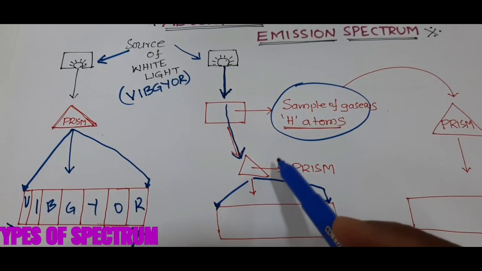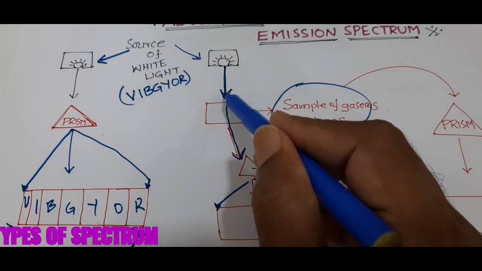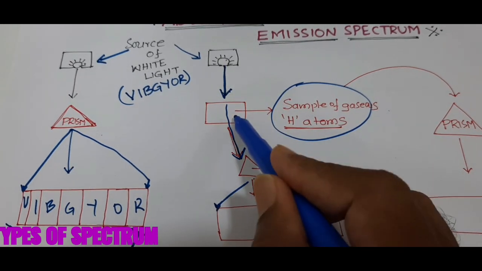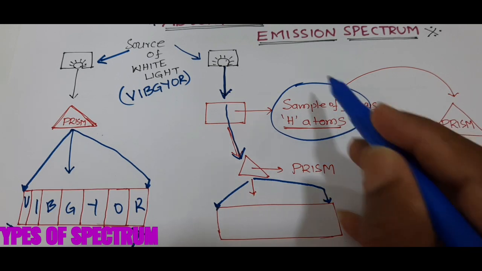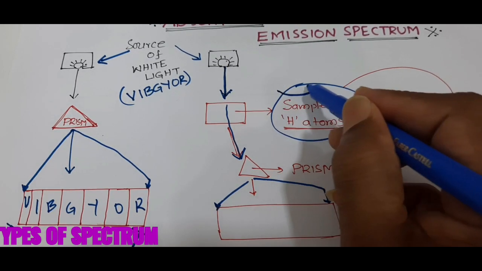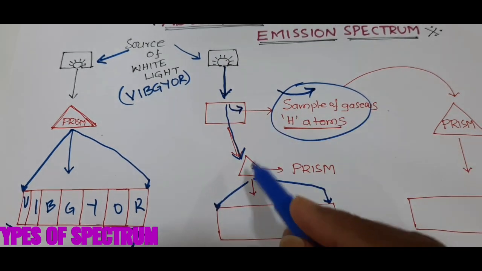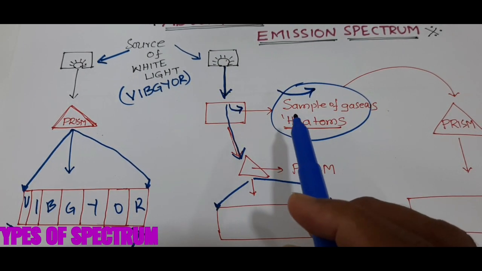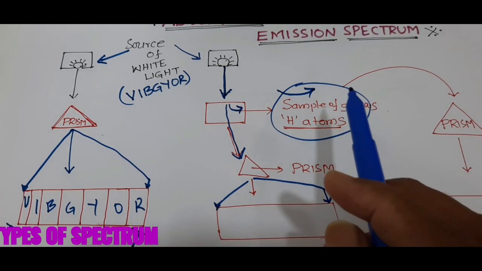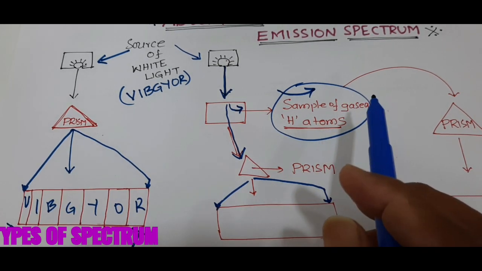Here students have to remember, when this white light is passed through this sample of gaseous hydrogen atoms, some of the radiation is absorbed by this sample. Some of the radiation is absorbed by those hydrogen gaseous atoms to undergo excitation of their electrons.